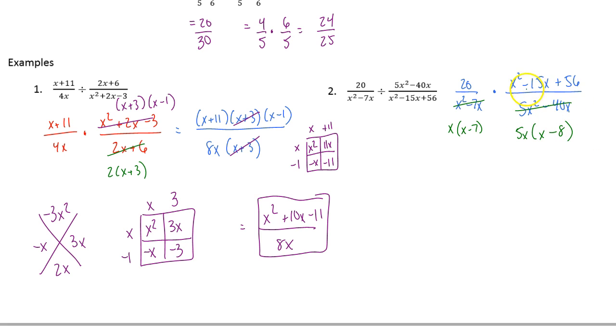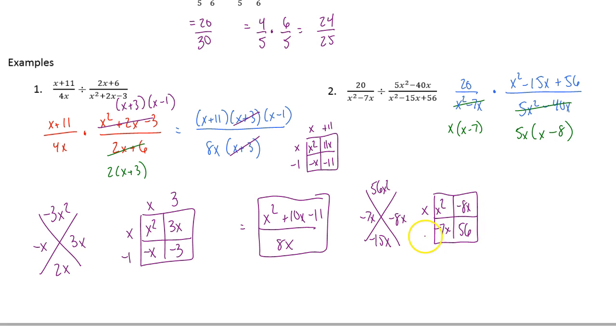The numerator doesn't have a greatest common factor, but it looks like we've probably used the Xbox method here, so let me give you the sped up version again. Okay, so hopefully you caught my mistake there, that I put 5x there for some reason instead of 56. But anyhow, I caught it by the end.